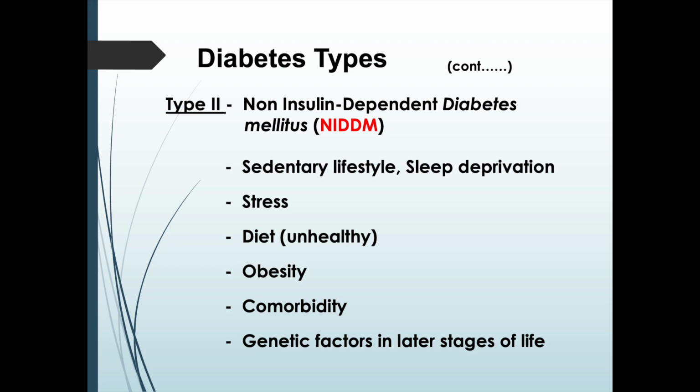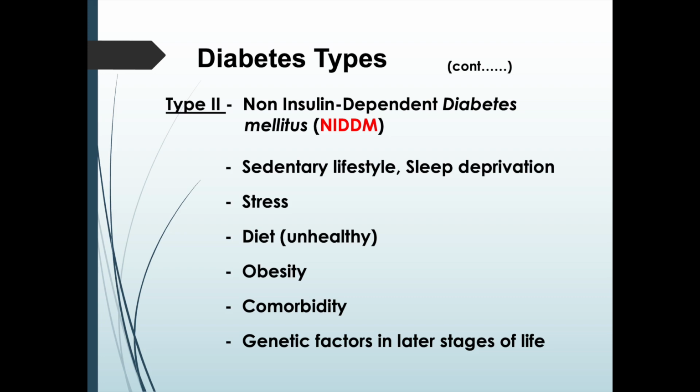I will show in the next slides the age around which type 2 diabetes can start. Obesity, the body mass index, is another factor where you can expect that the person can get diabetes earlier than what a normal person gets. Comorbidity, if a person has any health issues like respiratory problems, asthma, or cardiovascular disease, that also adds to it.